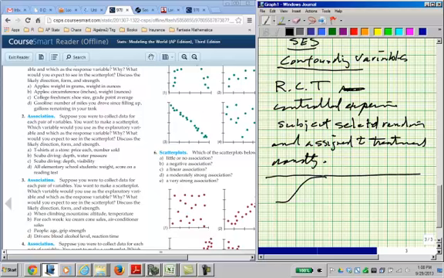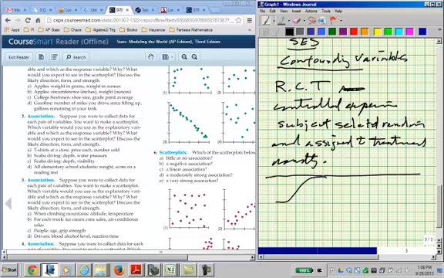Okay, scuba diving, depth and water pressure. Now, it seems like depth is an explanatory variable for water pressure. But water pressure and depth kind of have a one-to-one correspondence to each other. I would expect depth and water pressure to be strongly related. I don't know if that's linear or not.